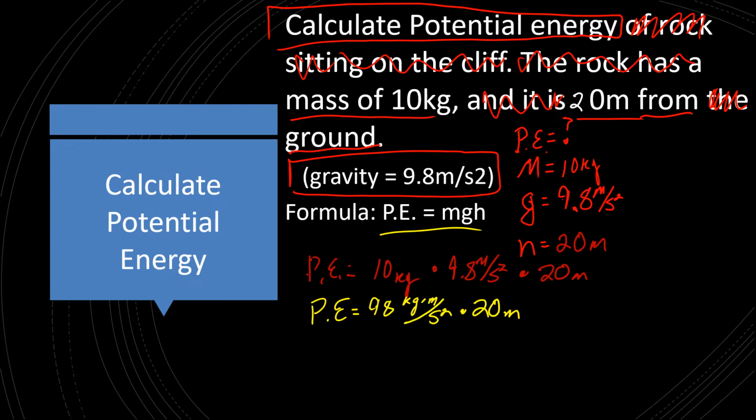Last time we had 980 joules of energy. Well, this time we're going to have 1,960 joules of energy. It's quite a big jump. Yes, it is just multiplying by 2, but you see just how much more energy is being put out just by raising something 10 meters and not even changing the mass.